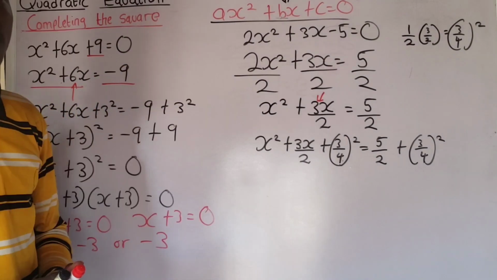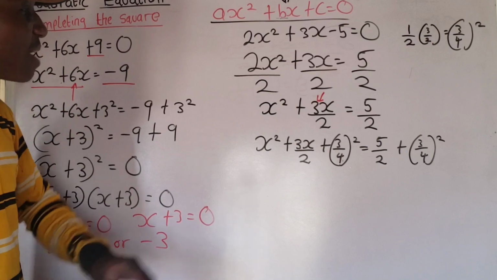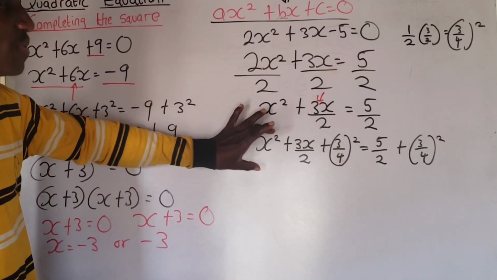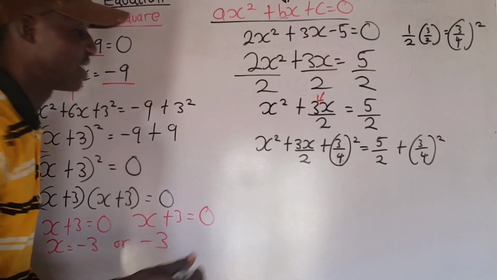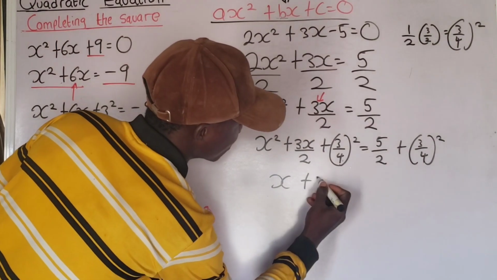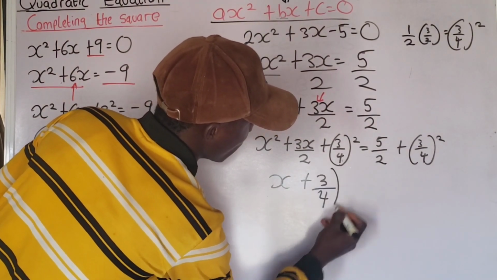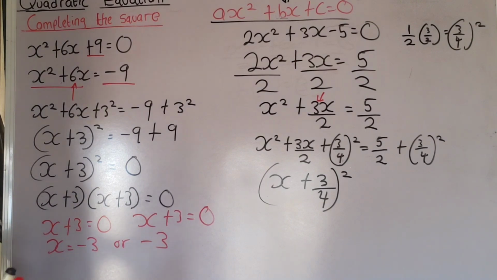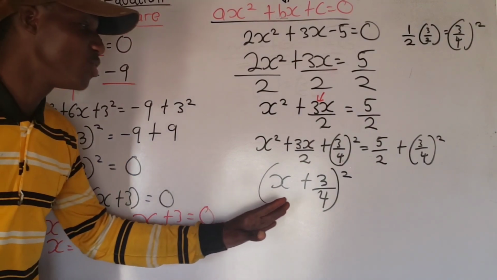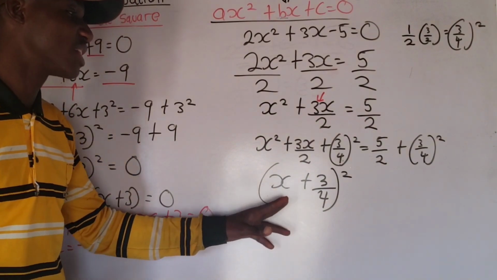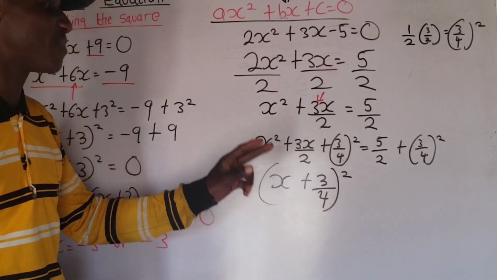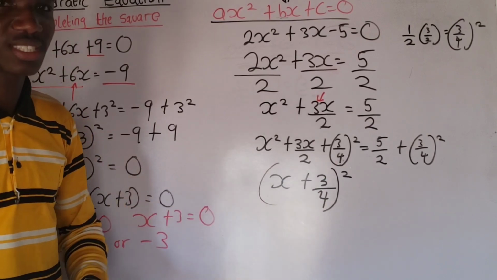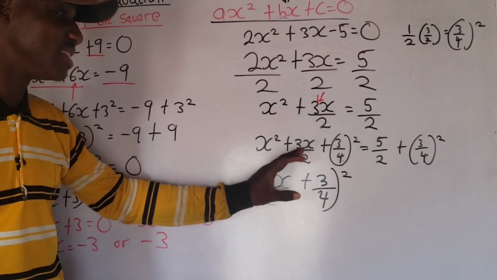So now the next step is that I'm going to rewrite this left hand side of this equation as x plus 3 all over 4 squared. I'm going to explain: by the time you take the expansion of x plus 3 over 4 squared, you are still going to arrive at 3x over 2. So I just rewrite this as this.